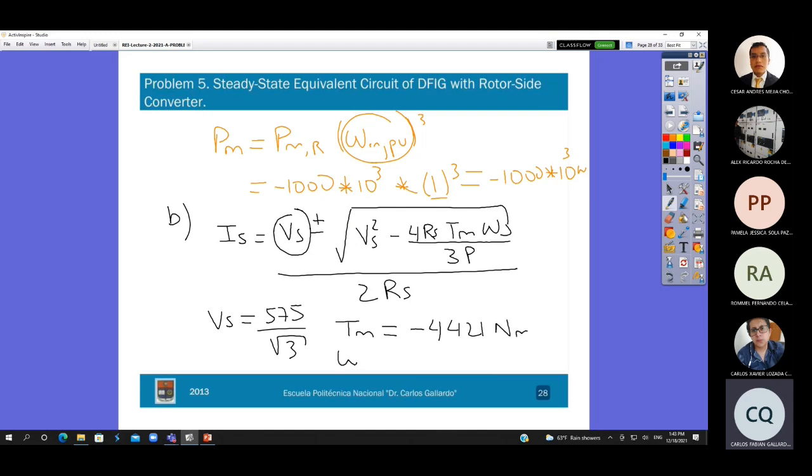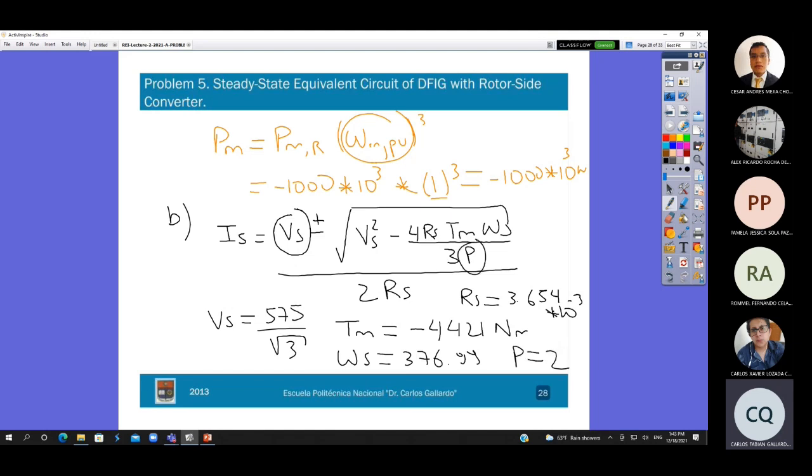The stator speed, the frequency of operation, is 60 Hertz, therefore I have 2 times pi times 60, which is 376.99 radians per second. The stator resistance is equal to 3.654 milliohms, so I will use the conversion factor in order to have ohms. And the number of poles is equal to.